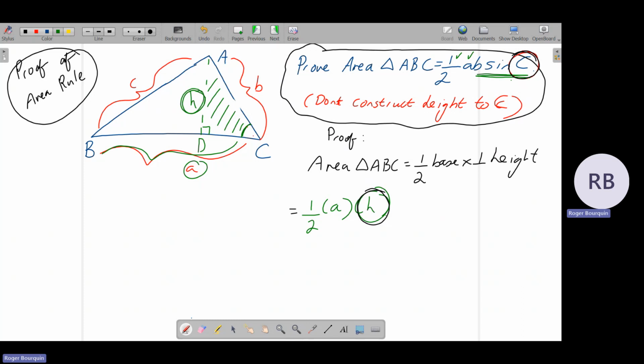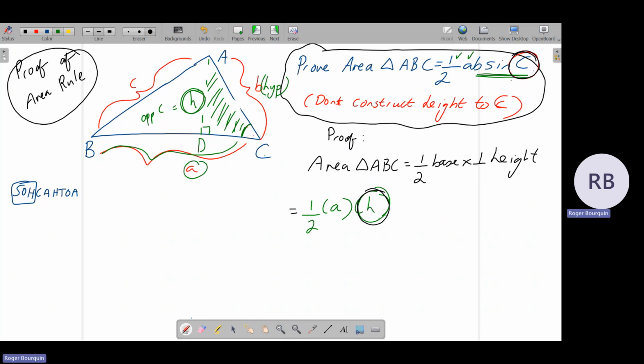So remember your right angle triangles, the magic word SOHCAHTOA, which tells us sine is a ratio of opposite over hypotenuse. So in this green triangle over here, I'm working with angle C, H is opposite angle C, and b is opposite the right angle. So b is the hypotenuse, right?